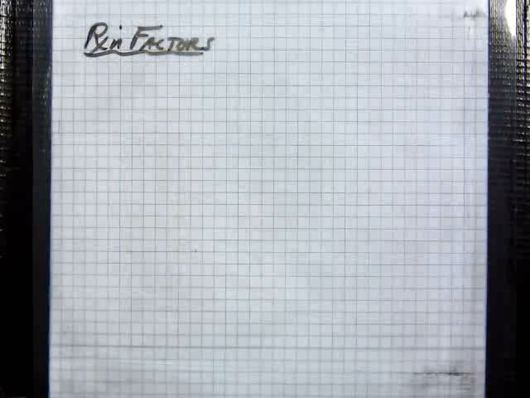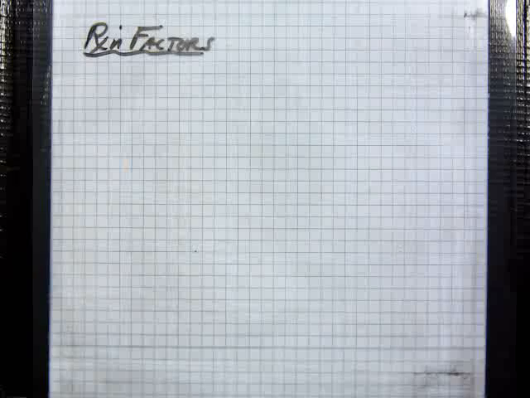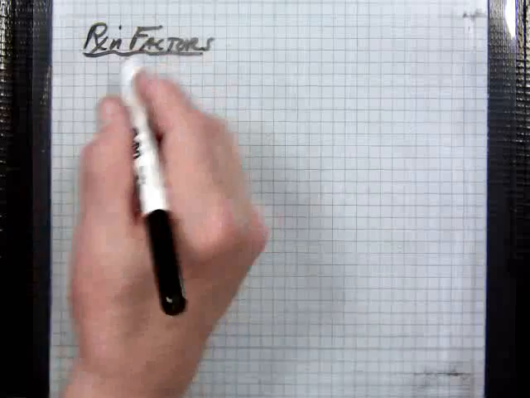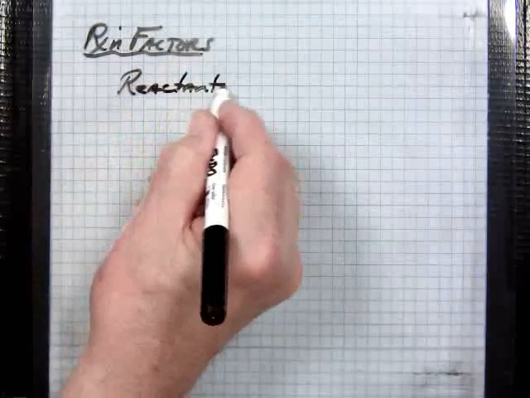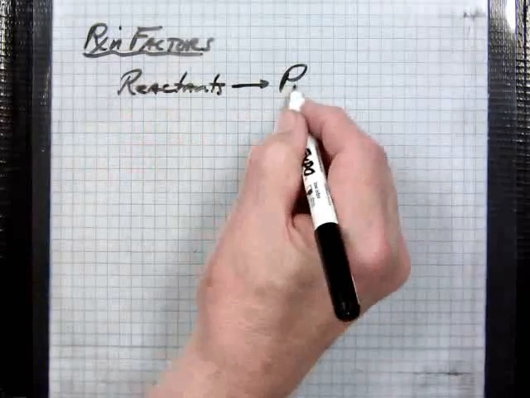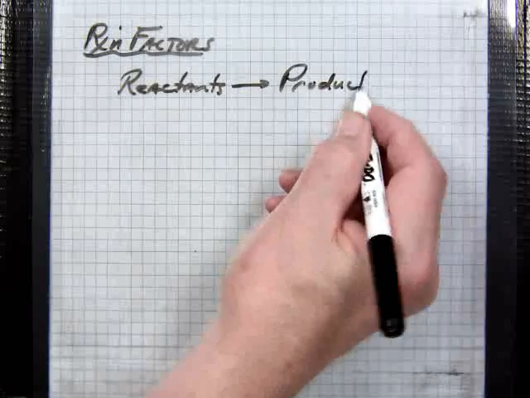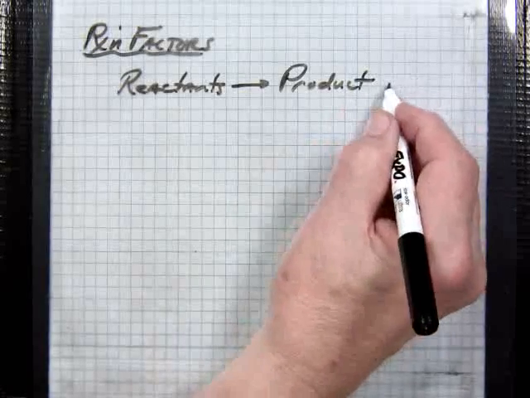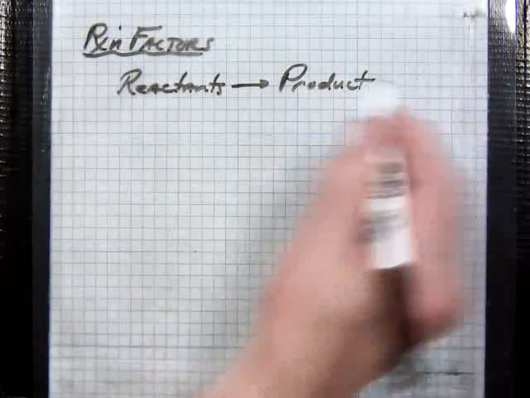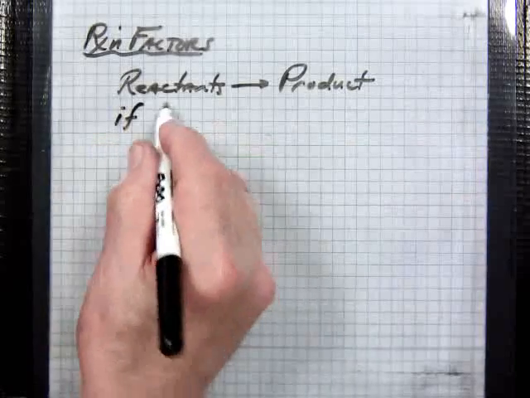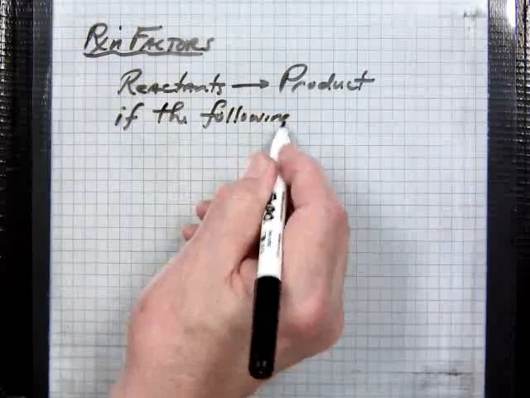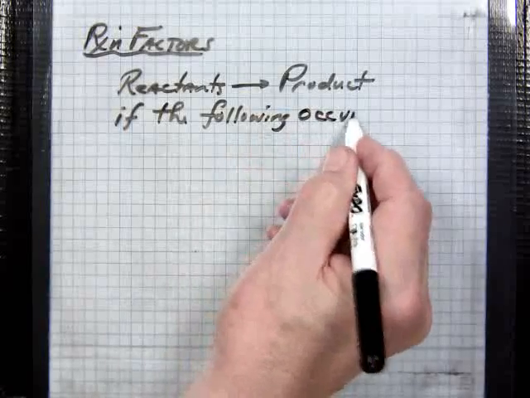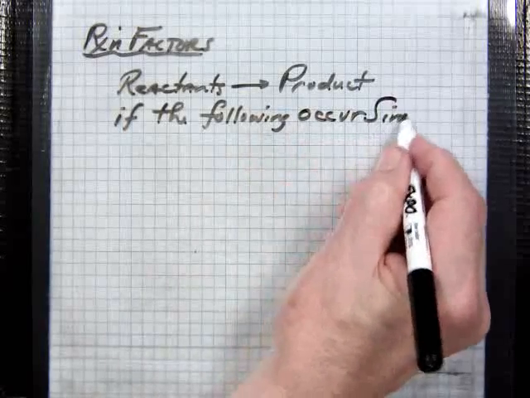On a molecular level, when a reaction occurs, reactants go to products. If the following occur simultaneously.